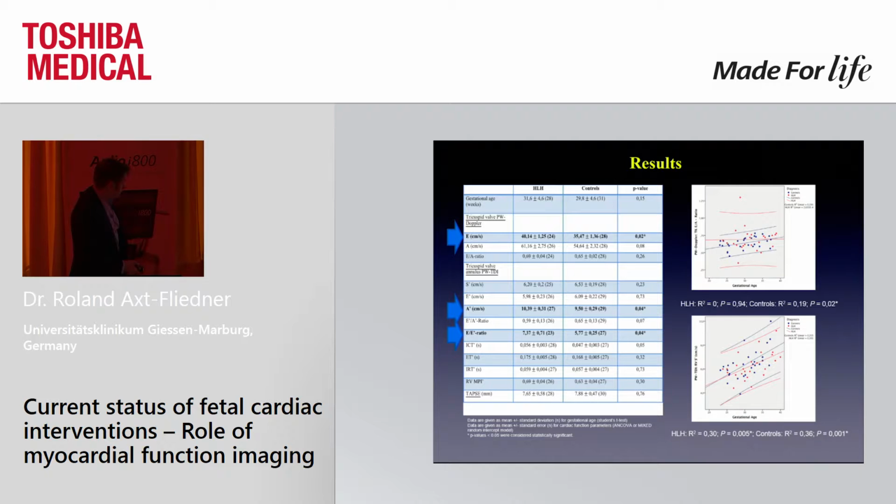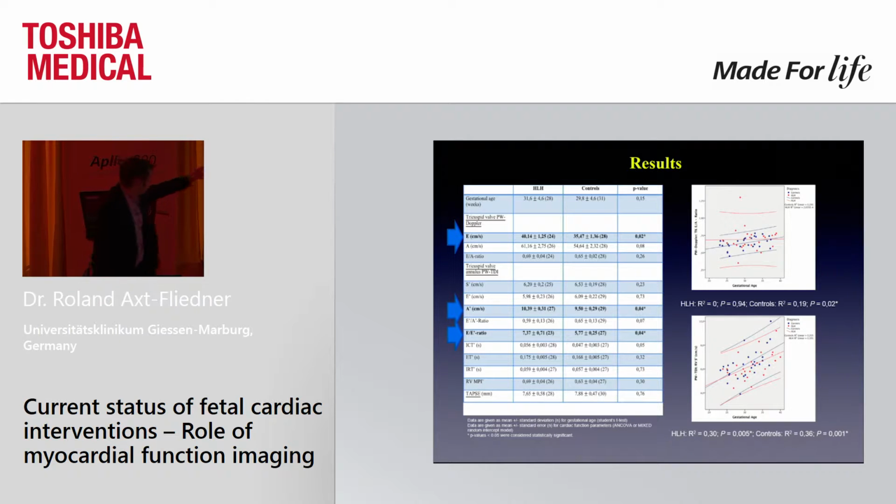And you see here the basic information of the PV-TDI, which was also seen in the color-coded tissue Doppler. We had a difference in the tricuspid valve PV Doppler flow of the E wave, and we had an A prime difference.